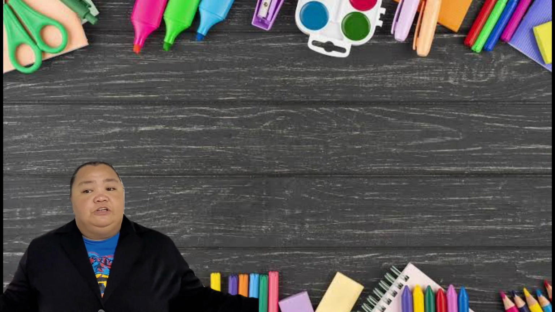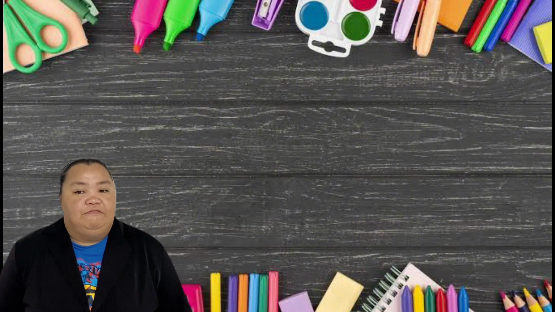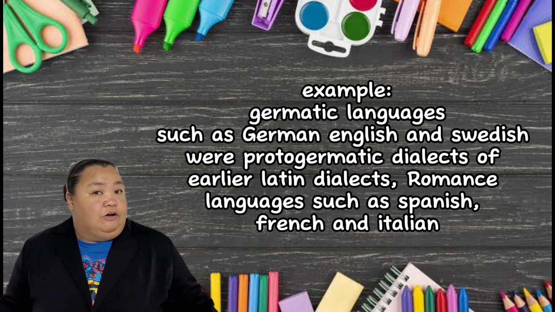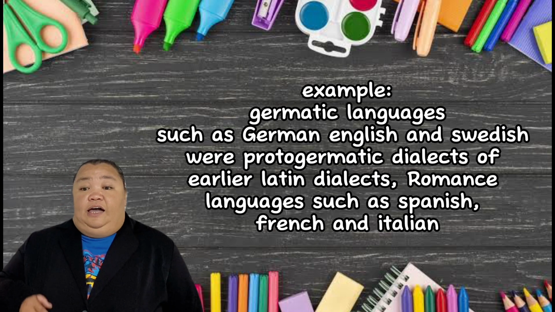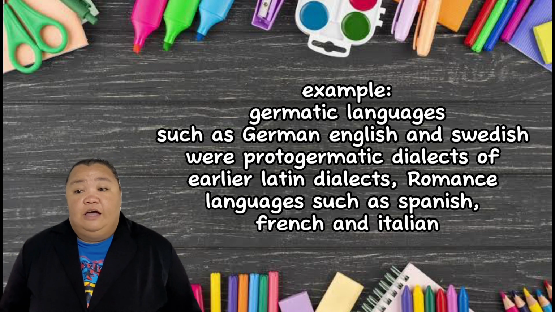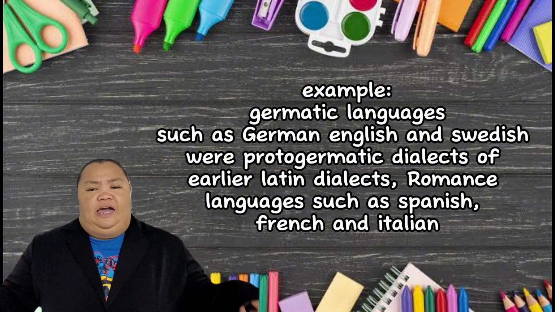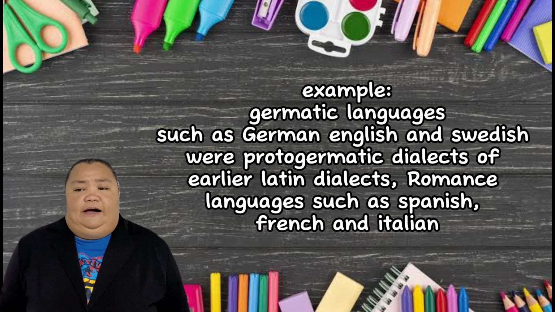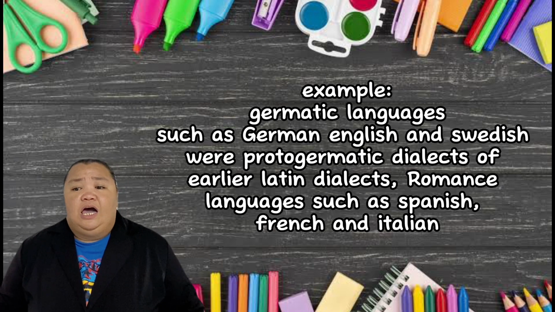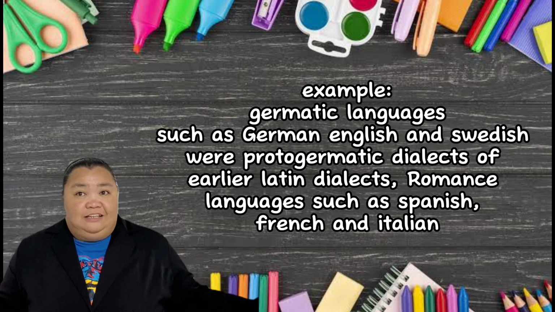It is also termed diachronic linguistics. Examples of that are Germanic languages, such as German, English, and Swedish, and Proto-Germanic dialects, and earlier Latin dialects, which are called Romance languages, such as Spanish, French, and Italian.